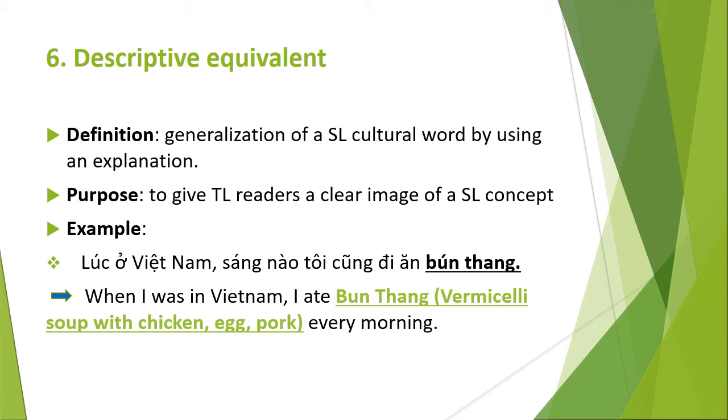We have an example. Lúc ở Việt Nam, sáng nào tôi cũng đi ăn bún thang. And bún thang is translated in English as bún thang with the descriptive equivalent. Bún thang is vermicelli soup with chicken, eggs, and pork.